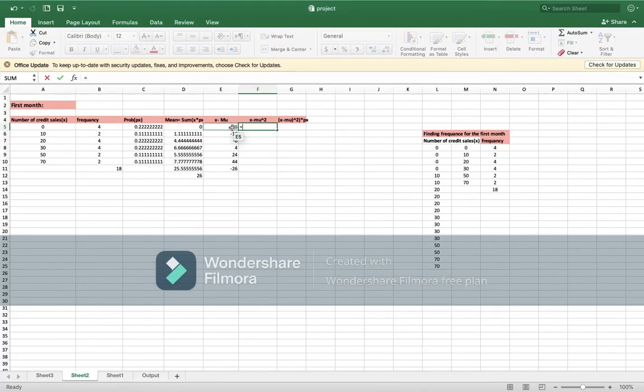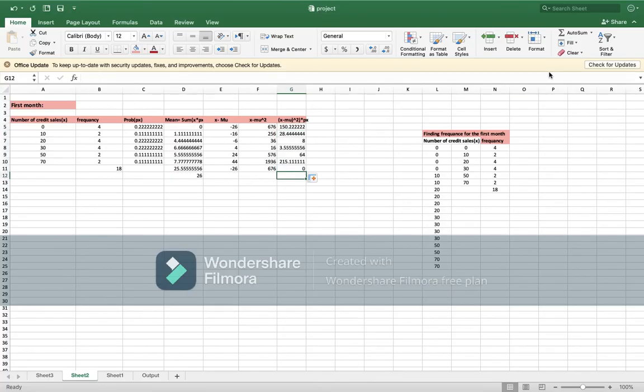Then we will power this, power 2 for all the numbers, and then we will multiply this by the probability. Now you will sum all the numbers. Okay, now we will sum all the numbers, and this will be the variance.